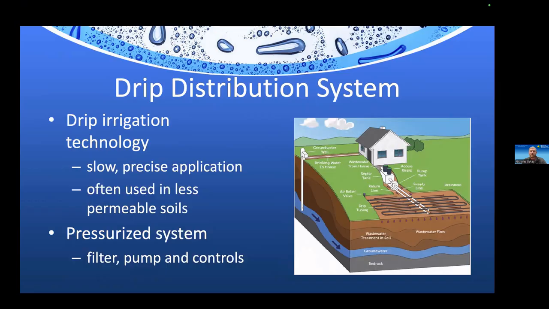They have filters and pumps and controls. Very good systems, but there is maintenance involved in these as well. It's always important to know these systems are usually installed between 6 and 12 inches deep over a very wide area, and it's really important to stay off of them because you can damage your field just like any of these fields, but this is the most easily damaged field that there is.